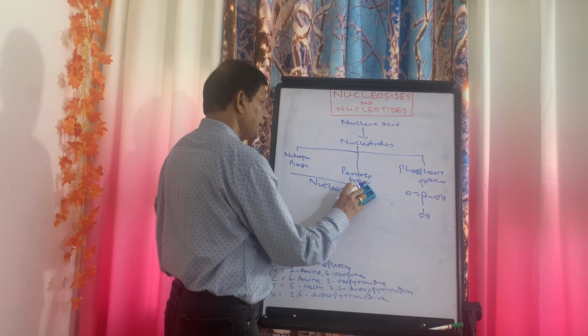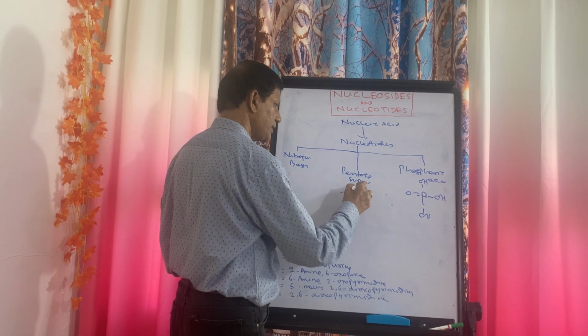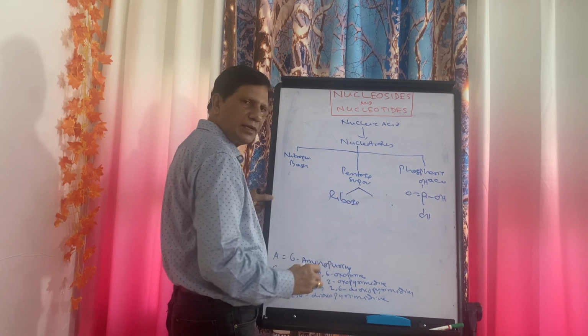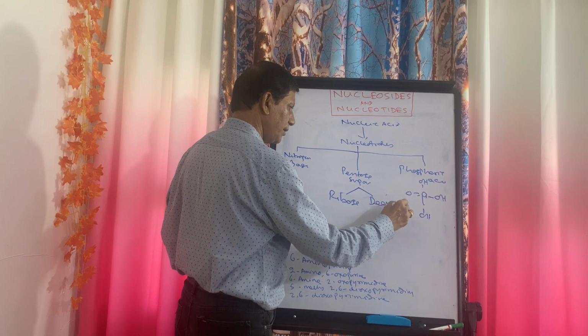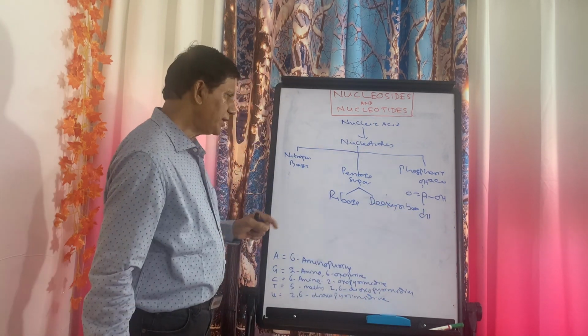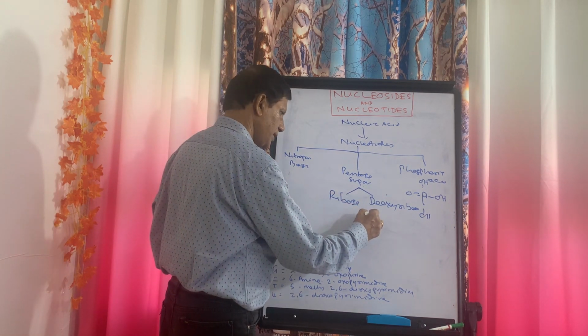Now, the pentose sugar present in nucleic acids is again of two types. It may be a ribose sugar present in RNA and deoxyribose sugar present in DNA. So, what is the structure of this ribose sugar? These are pentose sugars.